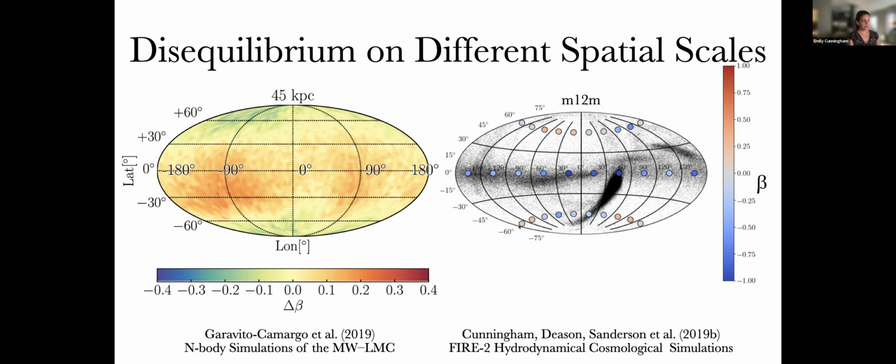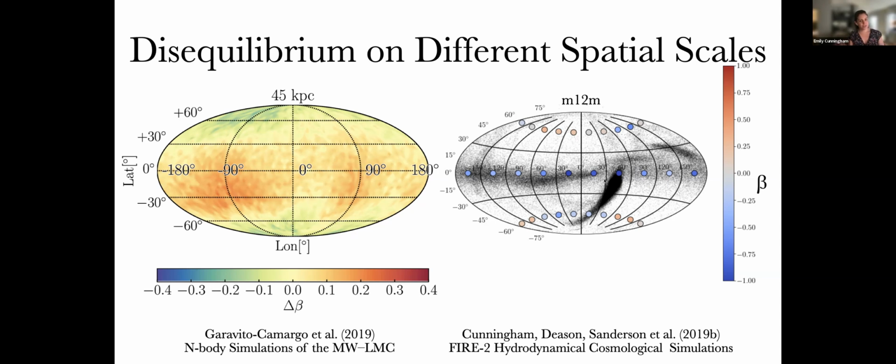But on the right-hand side, we have a map of the stellar halo from the FIRE simulations. This is the m12m halo for those who know the FIRE halos, where each grid in this map is color-coded by the same parameter, the velocity anisotropy. And we can see that we have these features in the velocity field that arise due to substructure in the halo, because we have unphase-mixed substructure as well.